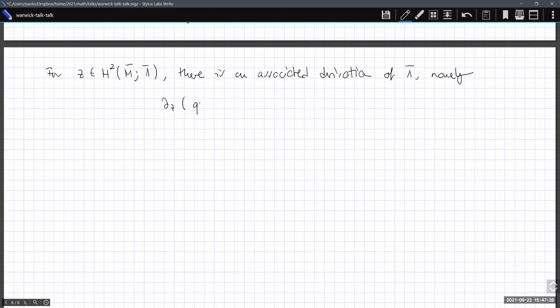If you have some exponent here, you take this Z as a two-dimensional homology class and pair it with this homology class. So this is sort of a vector field on your space of Kähler parameters.